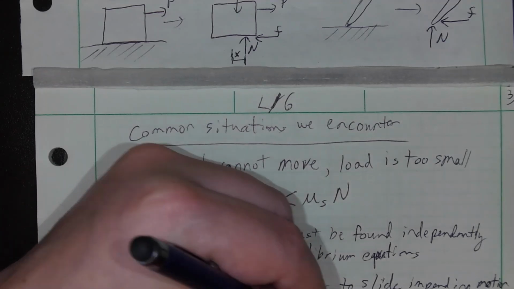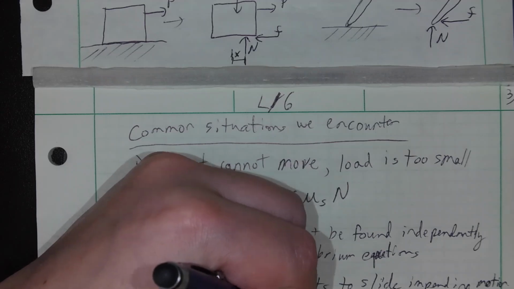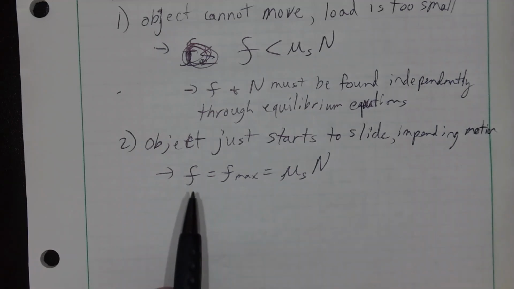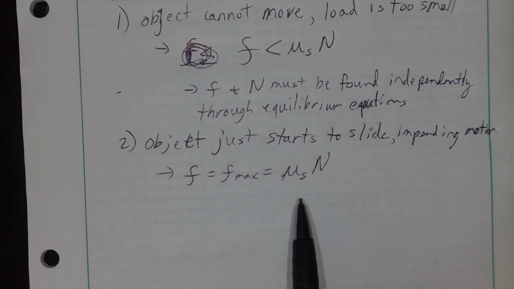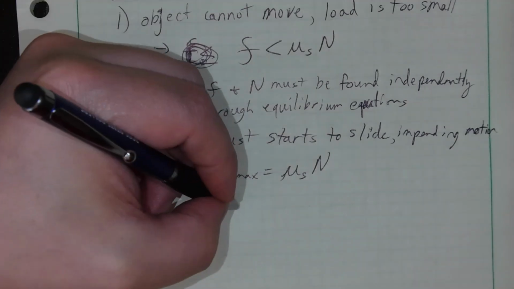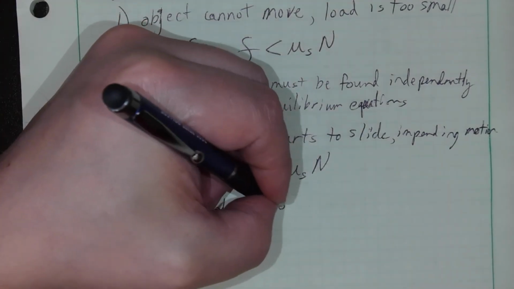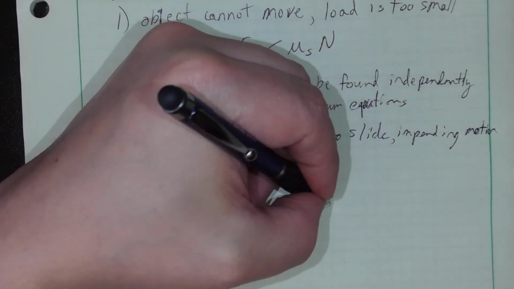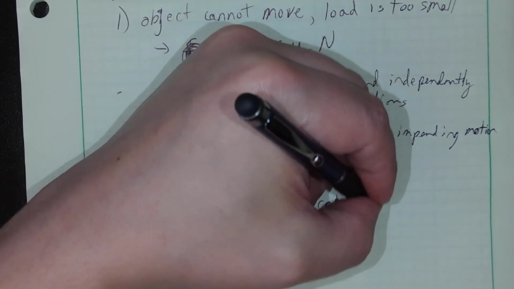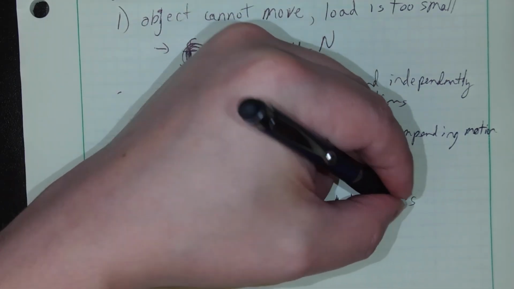We can set it equal to mu sub s times N. So this is the only time I can say F is equal to mu sub s N, if I know somehow impending motion. They might say, find the maximum force that can be applied, or something like that.